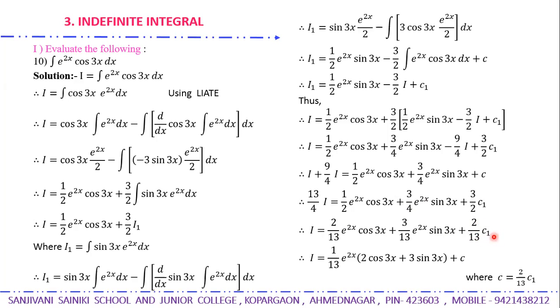So in the next step, I will call this 2 upon 13 c1 as c, and take 1 upon 13 e raised to 2x common from these two terms. Okay. So this is the first lecture on the exercise 3.1.